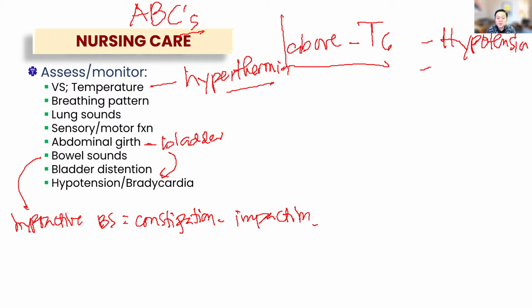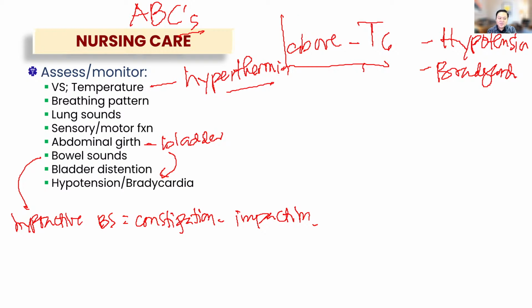There's also bradycardia. And the reason for that is because of the sympathetic outflow that is being affected above the thoracic 6 level. Our patient's blood pressure will be lower than normal. They're going to be bradycardic as well.